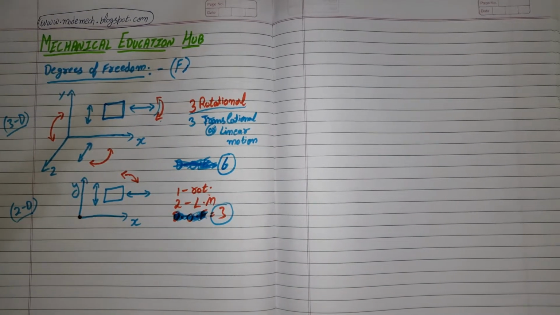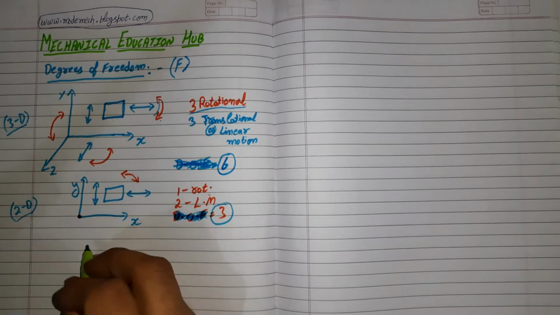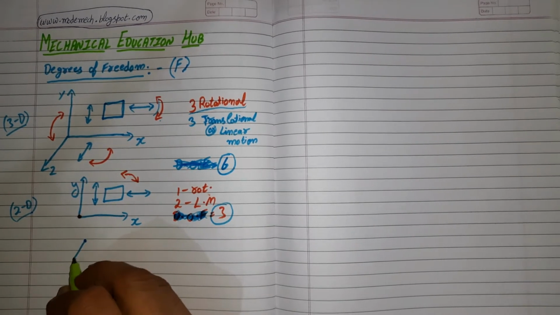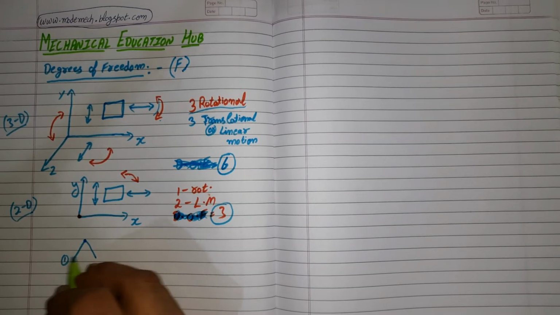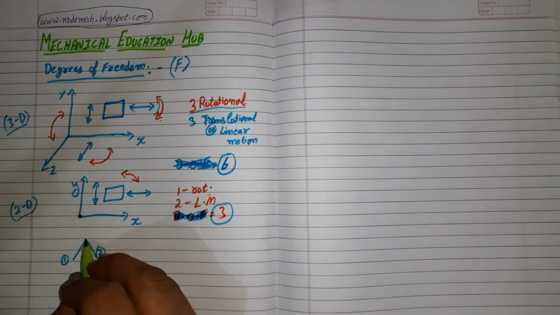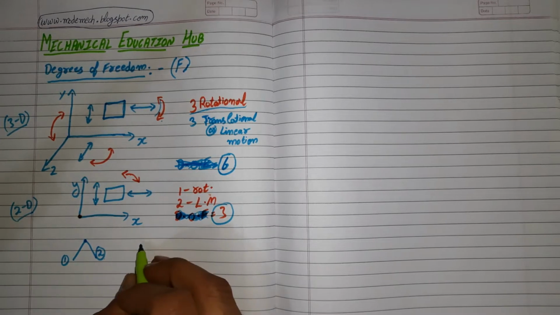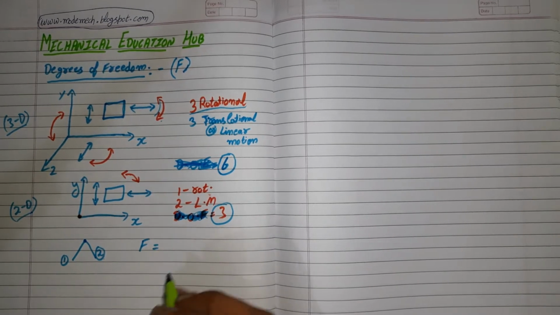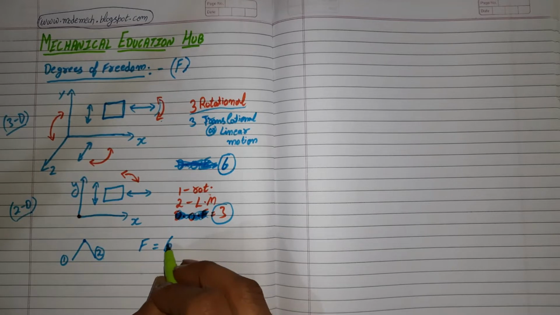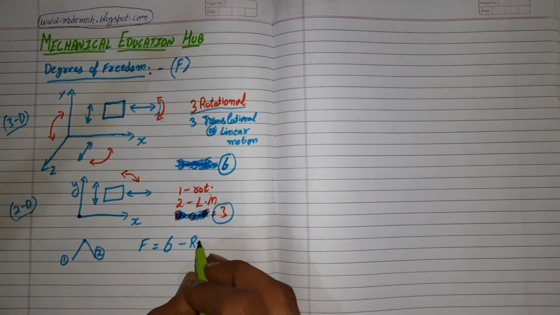Now let us take some examples to understand degrees of freedom. I am considering a turning pair. Link 1 and link 2 are connected with a turning pair. So for calculating degrees of freedom F, we must calculate restraints.